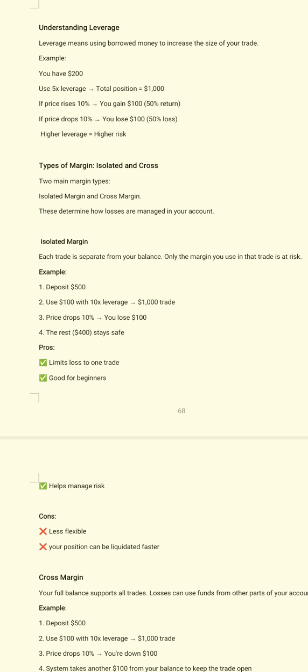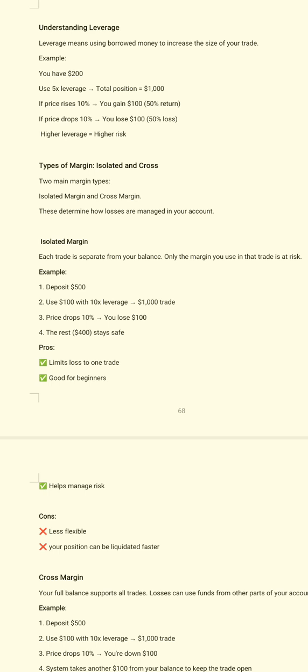Example, if you have $500 in your account and you open a trade with $100, and you are using 10x leverage, that means you tell the exchange that out of my $500, I want to use $100, and this $100, I want you to multiply by 10 for me.